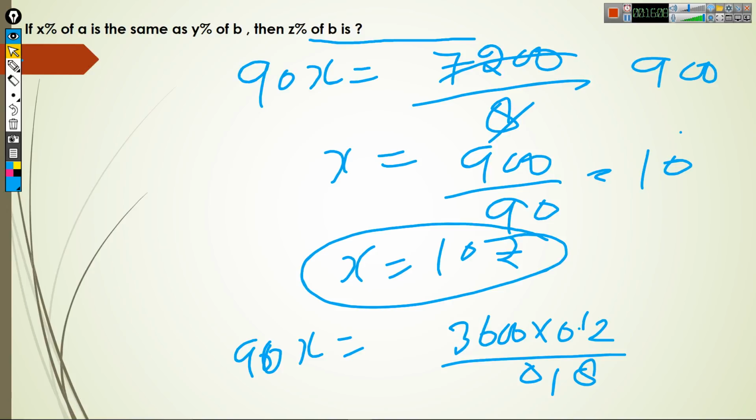In the next video we will learn some advanced level questions, some questions based on consumption and reduction of price, just like if the price of sugar is reduced by 20%, then by what percent should a user increase his consumption so that the budget will not decrease or increase. We will see this type of question in the next video, and in part 3 we will see some high level questions, some CAT level questions.